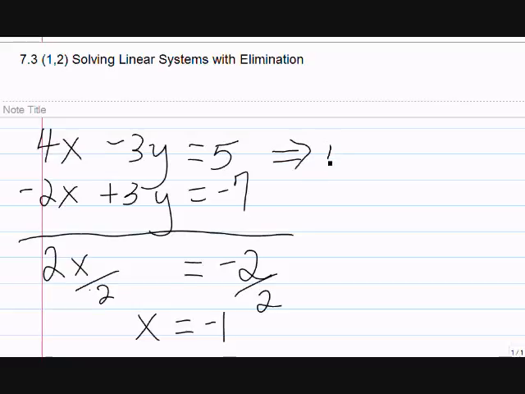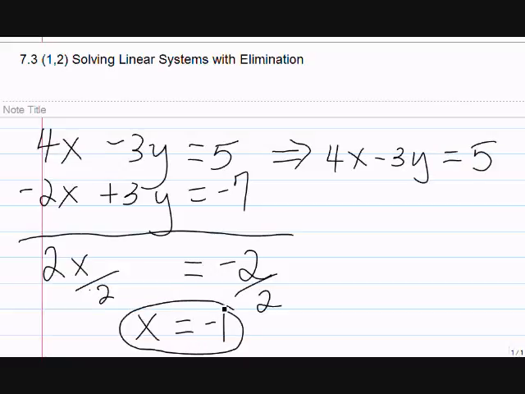And it says 4x minus 3y equals 5, but x, I know now, is negative 1. So I substitute that in for this x right here and get 4 times negative 1, minus 3 times y equals 5.